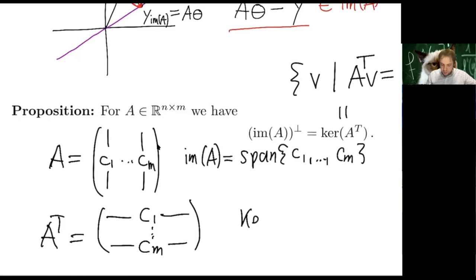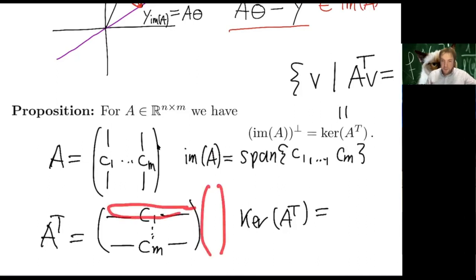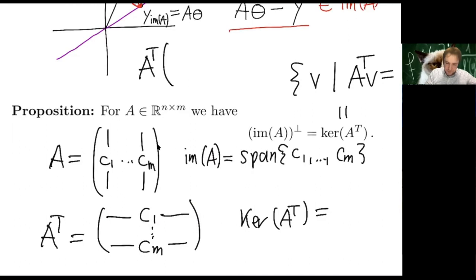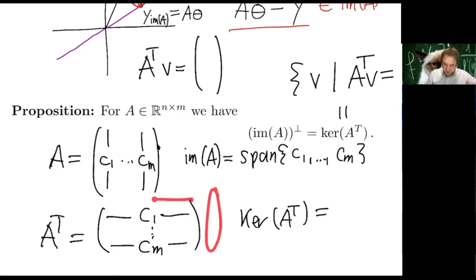And what is the kernel of A transpose? Well, these are all vectors such that if I multiply this vector with this matrix, then I get 0. If I multiply A transpose with some vector, let's say v, then the entries are given by taking the dot product of this vector with the columns.